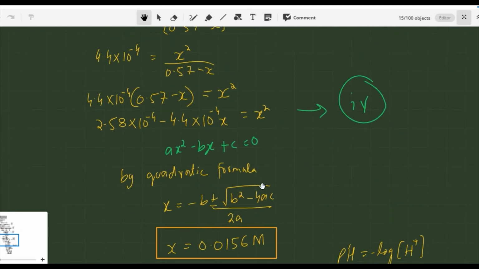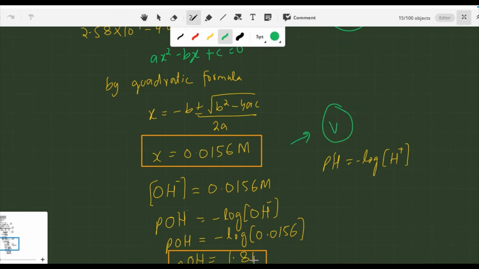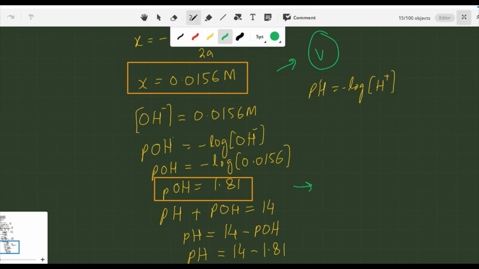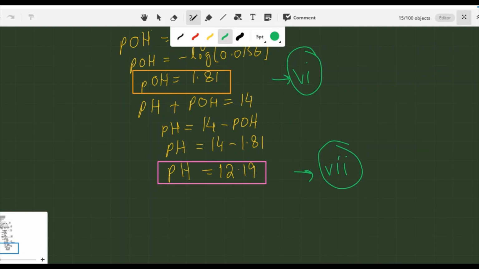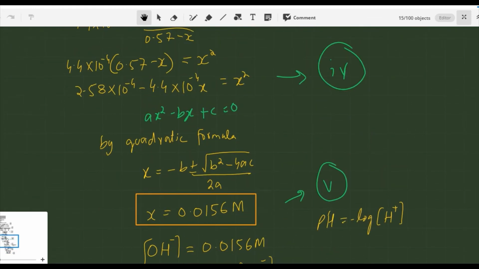By using the quadratic formula you find the value of x, that is your fifth step. Then you find the hydroxide concentration, so first the pOH, that is your sixth step, and the final step is for pH, which you can easily find by subtracting the pOH from 14.